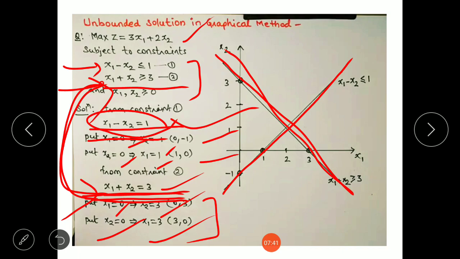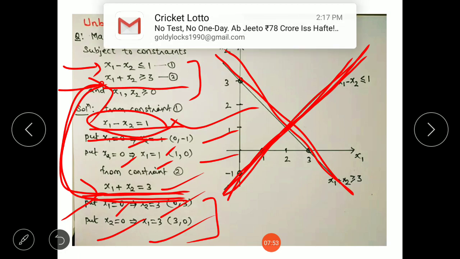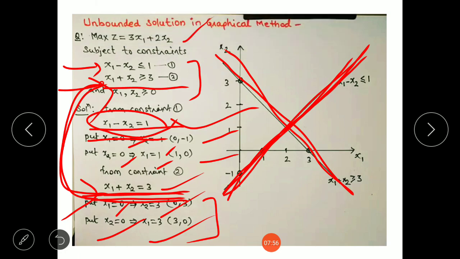Now we need to plot the regions. For x1 minus x2 less than or equal to 1, the line is x1 minus x2 is equal to 1, this line, as I have told you. And what is the region? Which is the region x1 minus x2 less than or equal to 1? For finding the region, we'll put x1 is equal to 0, x2 is equal to 0 in the constraint equation x1 minus x2 is equal to 1, and we'll see whether the constraint gets satisfied or not.